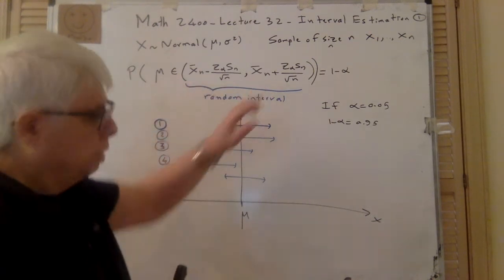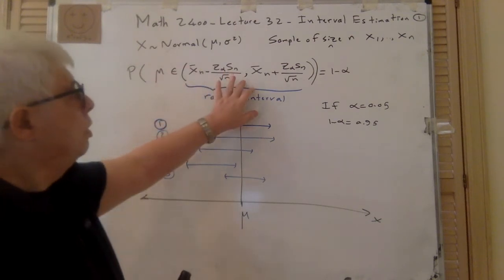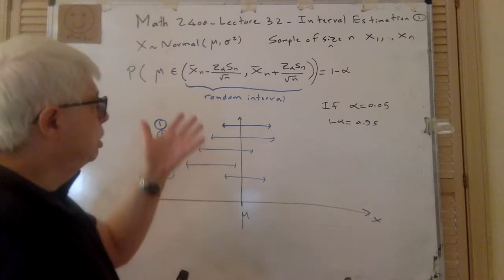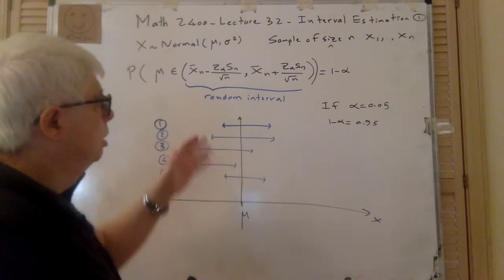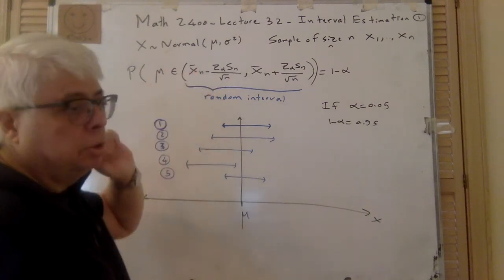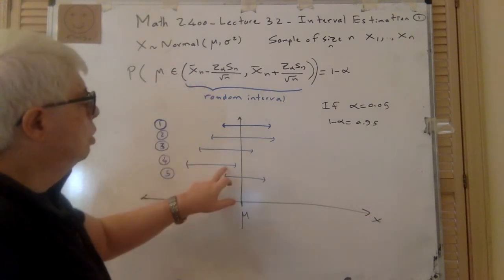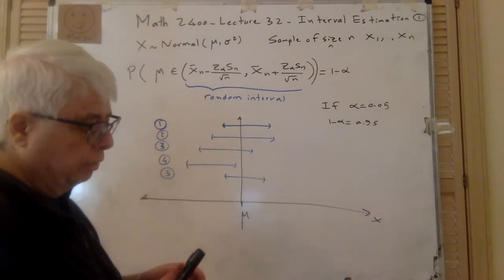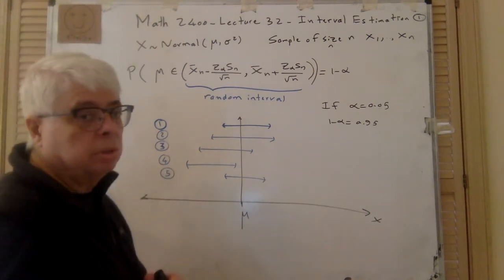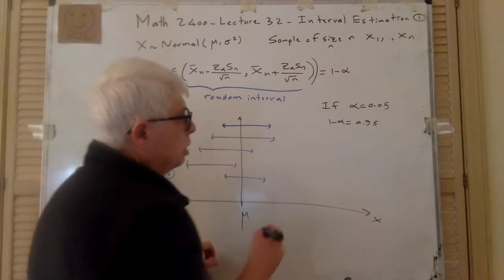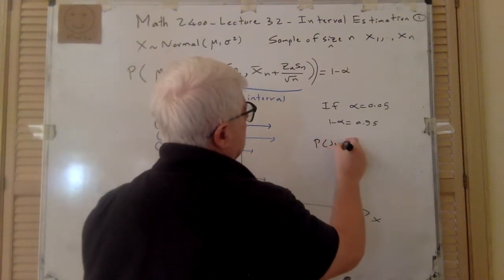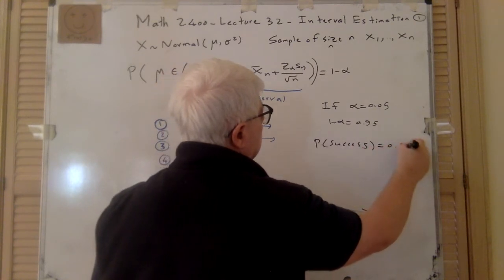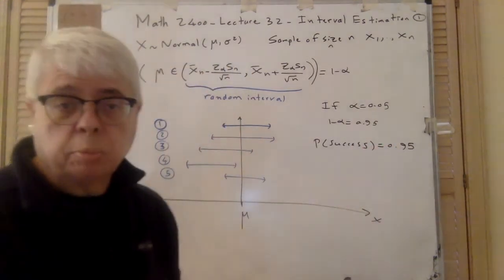This mu falling within this interval is like a Bernoulli trial. So there's a success and failure for that. Success is this falling within this interval. Failure is this not falling within this interval. So if falling within that interval is success, the probability of success is what? P of success is 0.95.